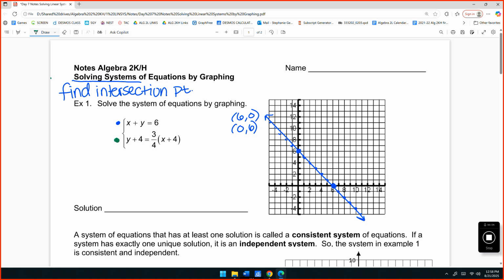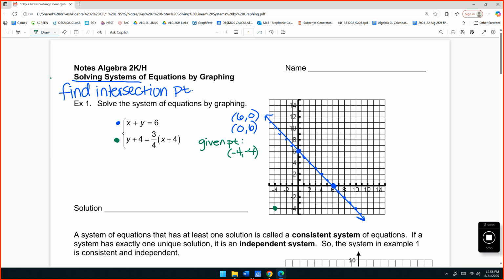And the second line is in point slope form, right? So I got to pick out the given point because that's the one that I'm going to start with. X1, Y1 is -4, -4, right? So I'm going to start there. And our slope is 3 over 4.